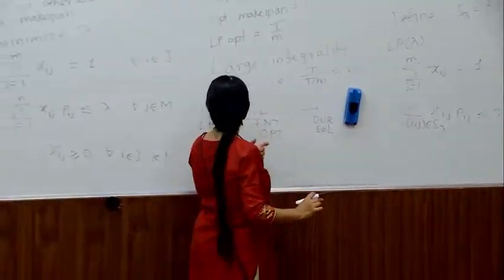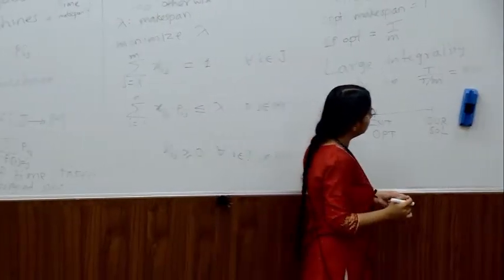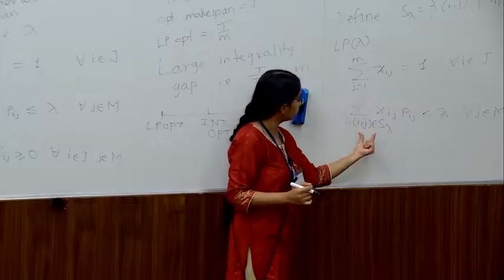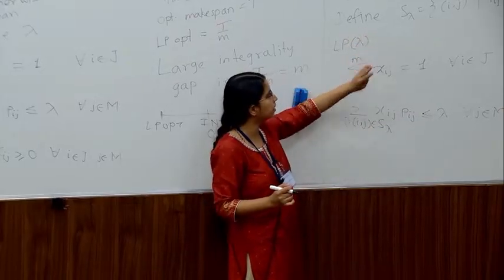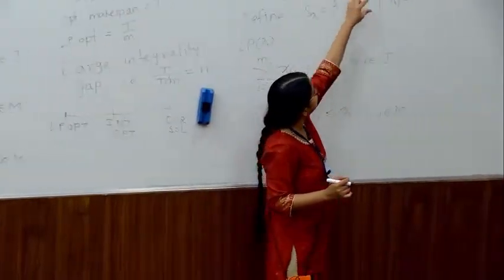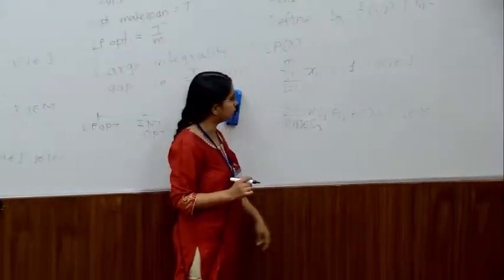Since all xij variables are not present, I don't want to sum over i equal to 1 to n. I just want to sum over those i's so that the particular ij pair belongs to our set S lambda. The remaining things we have removed, we have just decided that such jobs will not be scheduled on such machines and removed those clauses. Those variables are not there anymore.